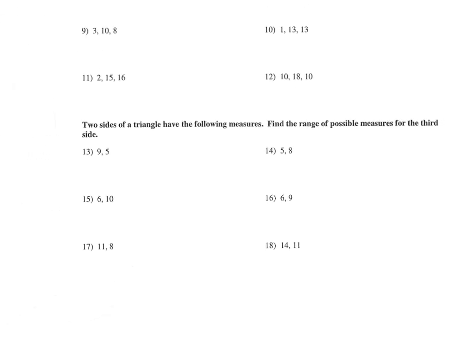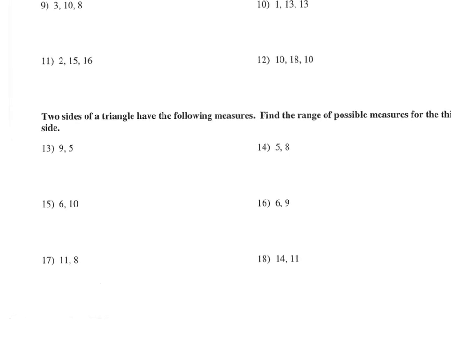Okay, now for the next part, what we did on the last slide, we're going to check again. Imagine a 5, we have a hinge here, and a 9. The biggest it could possibly be, if you straightened it out, would be 14. If you went this way, it'd overlap 4. 9 minus 5 is 4.